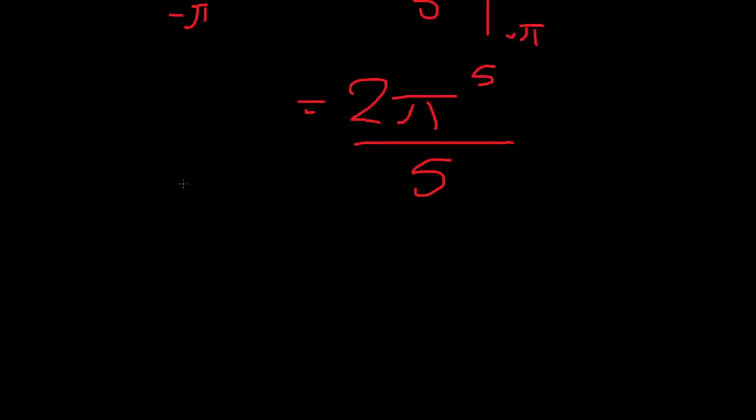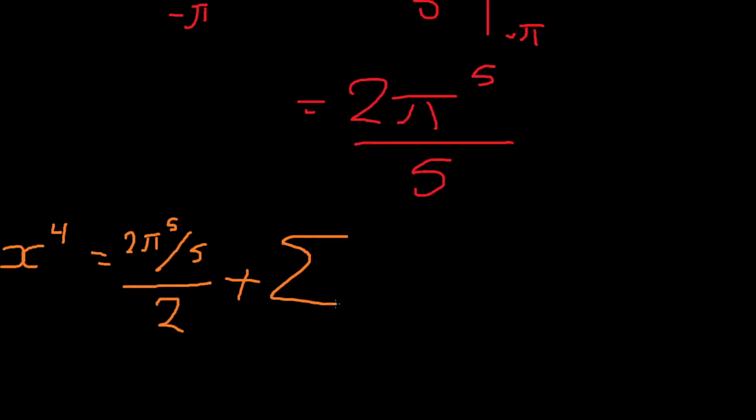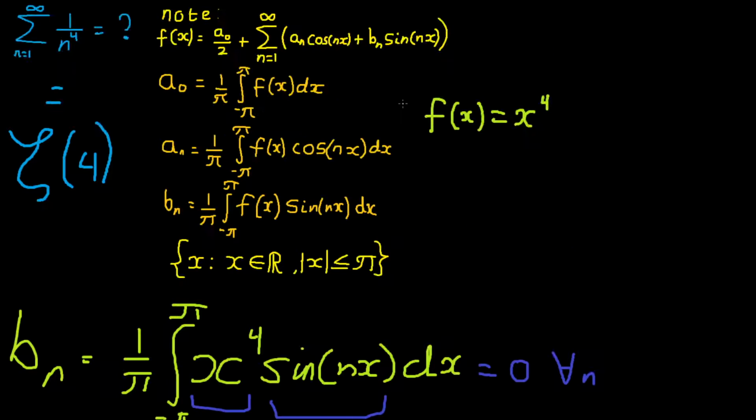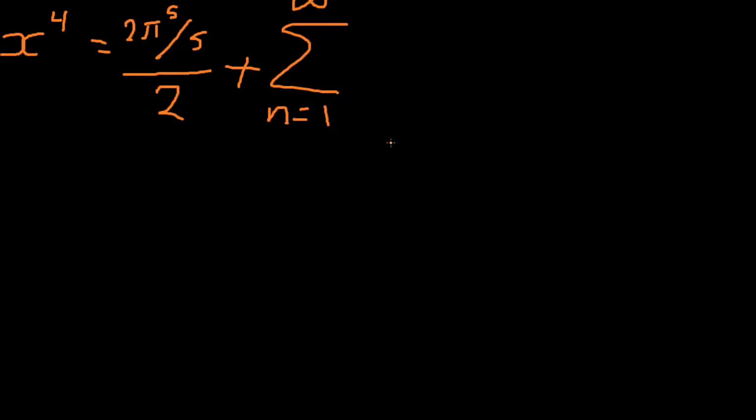So f of x in this case is just x to the fourth, so we simply get that x to the fourth is 2 pi to the fifth over 5 all over 2 because of the formula up there, plus the sum n equals 1 to infinity. The sine term here just goes to 0 because bn is 0, and we just write the an times cos of nx.